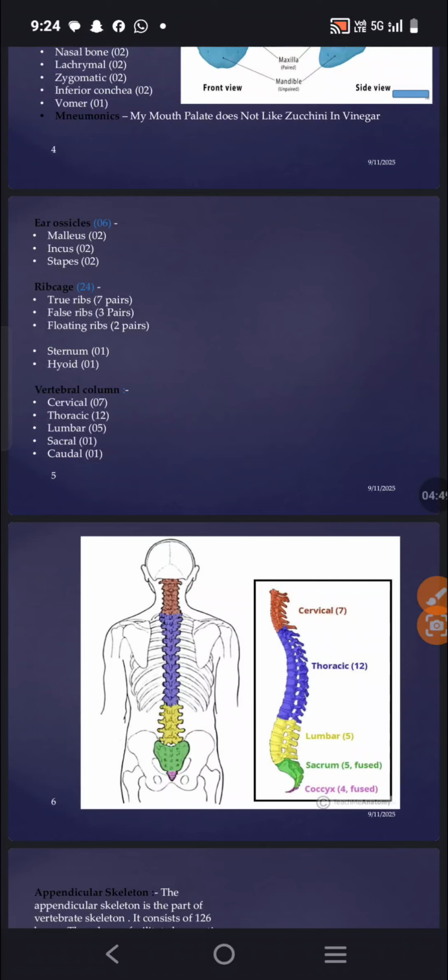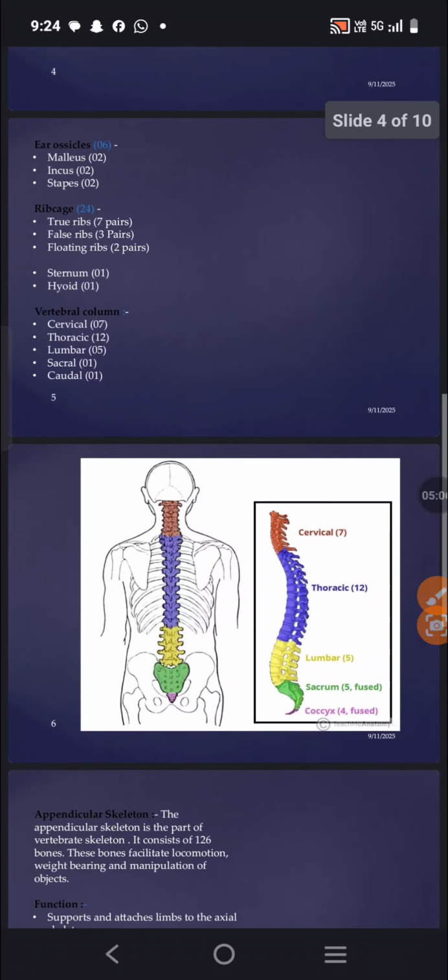The cervical region of the vertebral column consists of 7 bones. The thoracic region consists of 12 bones, whereas the lumbar region consists of 5 bones.